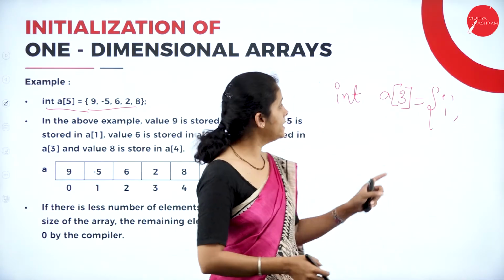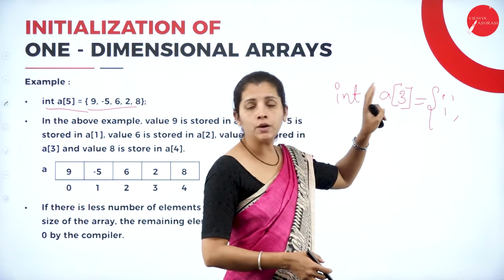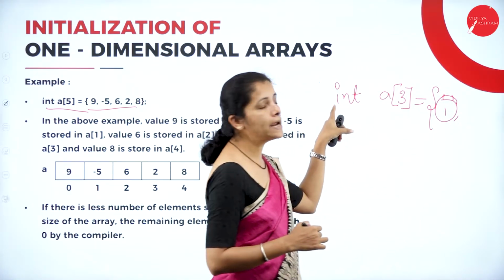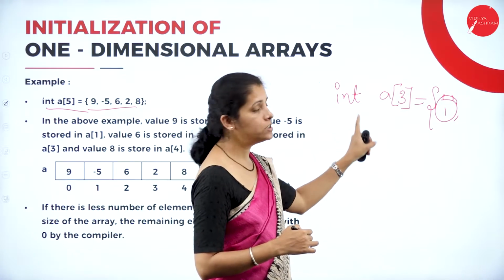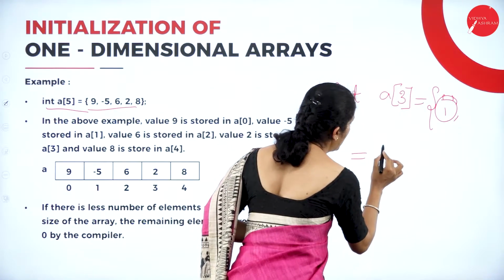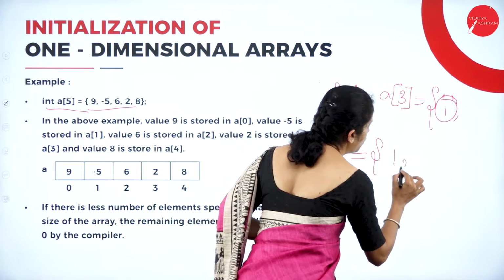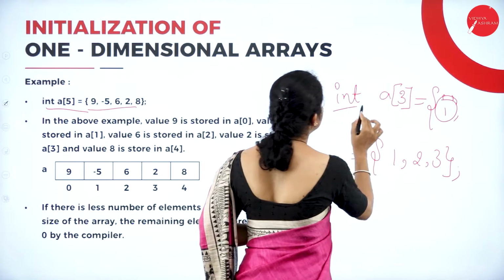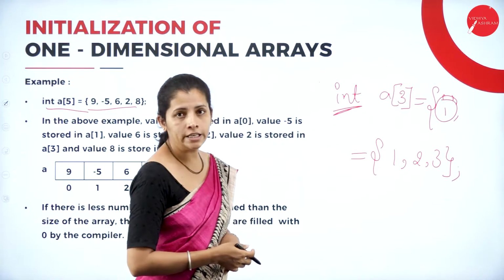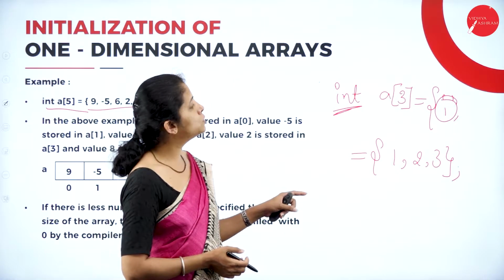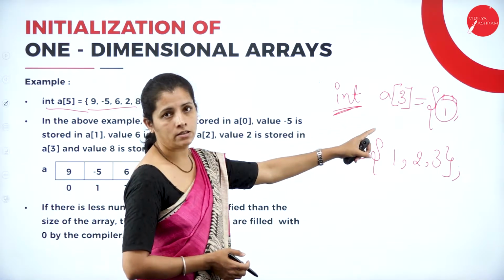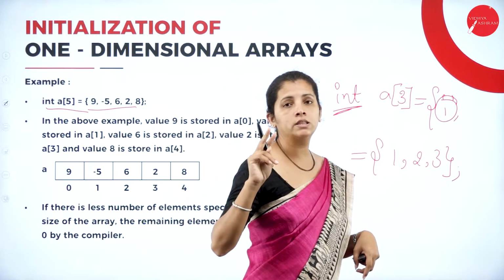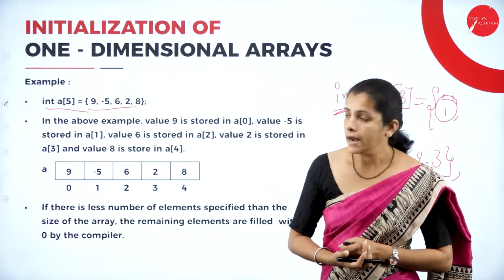And if I write the values within quotes, then it is treated as a string. But what is my data type? It is integer. So how am I going to assign? That is 1, 2, 3. Because the data type here is integer and I cannot assign a character. Whatever I write within the quotes is treated as a character.